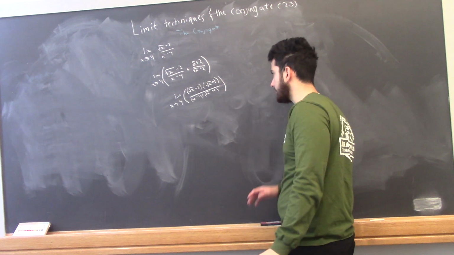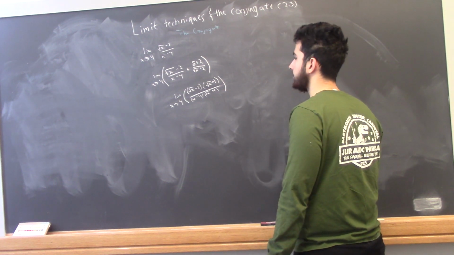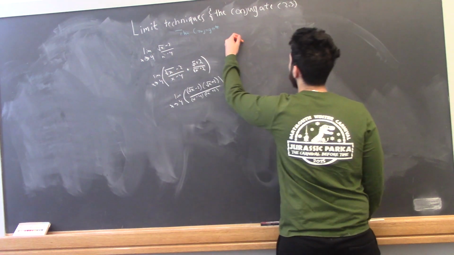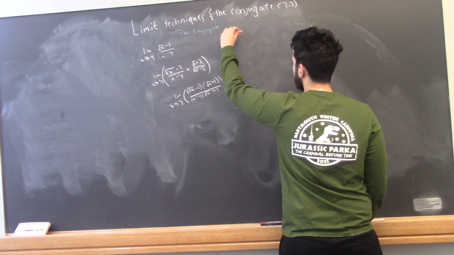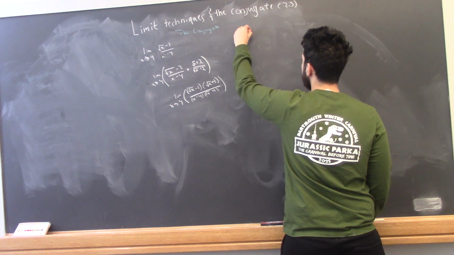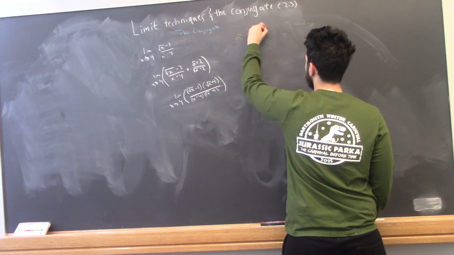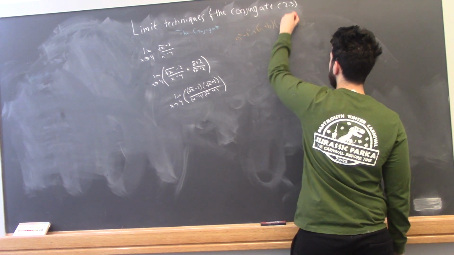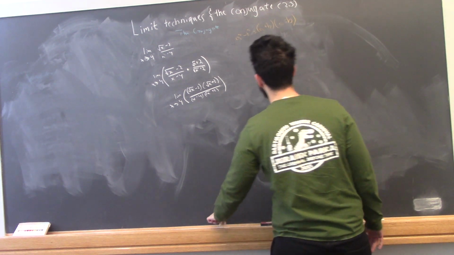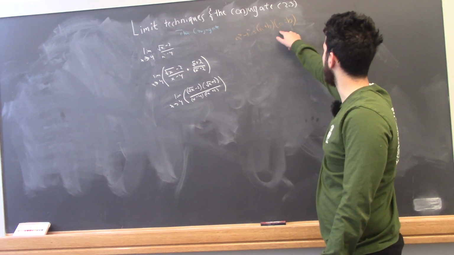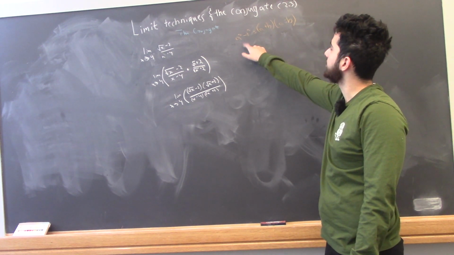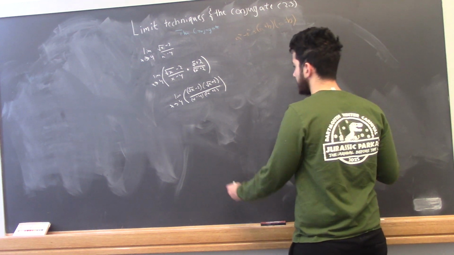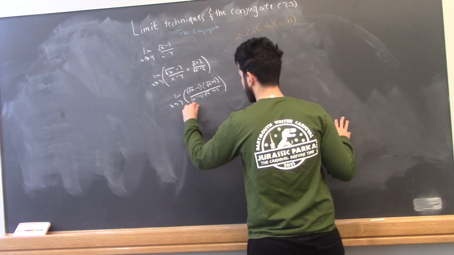Now, if you recall from 2 examples ago, we said that if you have a squared minus b squared, that's the same thing as a plus b times a minus b. And that goes both ways. If you have a plus b times a minus b, that equals a squared minus b squared. Now we're going to use this in our limit here.